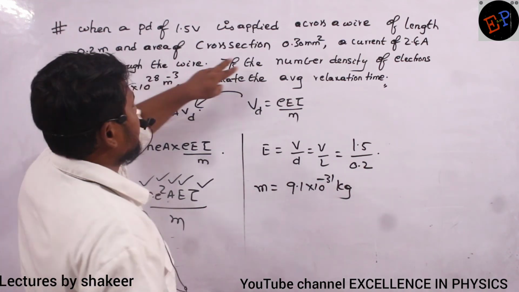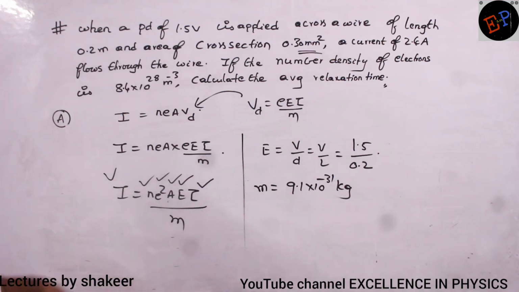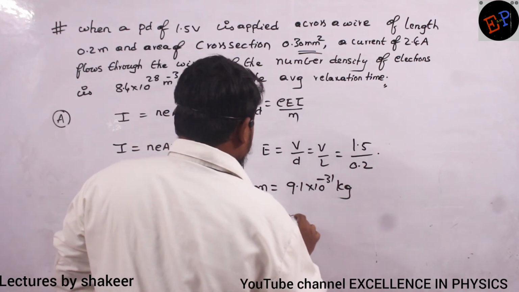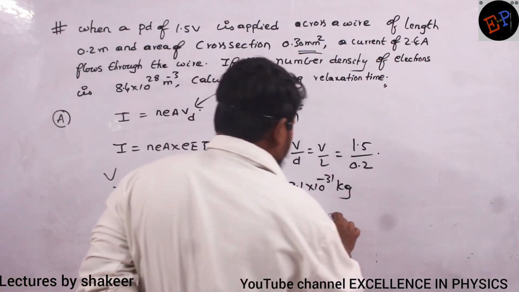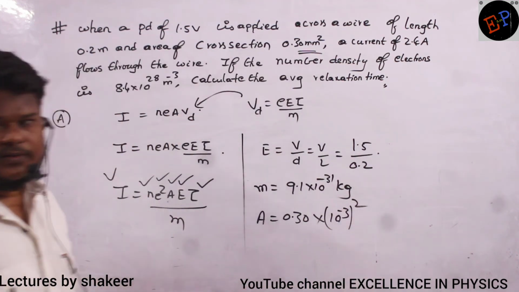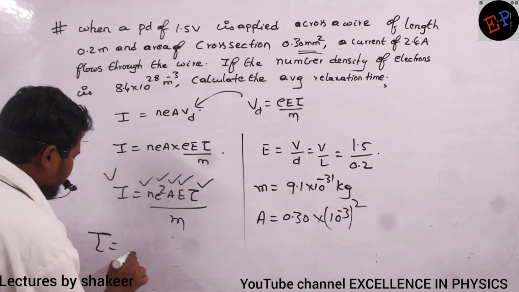And for area of cross section, be careful, here it is mentioned in millimeter square. You have to convert it into meter square. So 0.30 multiplied by 1 millimeter, which is 10 power minus 3, whole squared. So I will write the whole square also. Now substitute all these values, calculate the tau value.